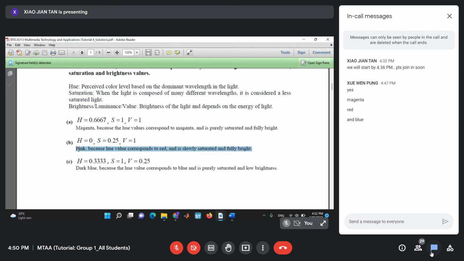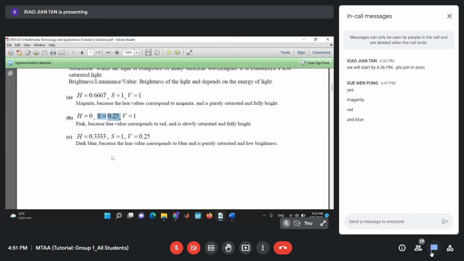So the color would be pink, because the hue value corresponds to red and it is slightly saturated and fully bright. Whatever pink, light pink or dark pink, can work. The reason this is pink is that it is affected by the saturation here.